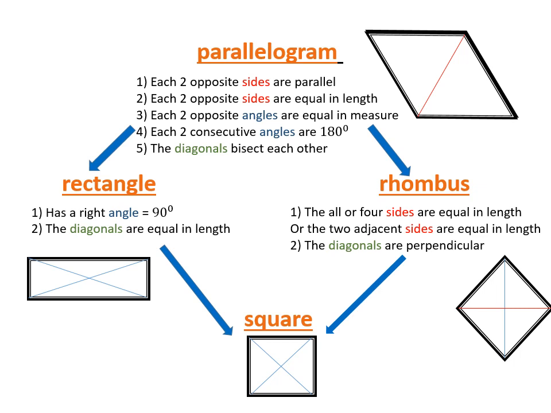So all properties existing in the parallelogram, rectangle, and rhombus are in the square. The diagonals bisect each other, and they are equal in length and perpendicular, and also bisect the opposite vertices.